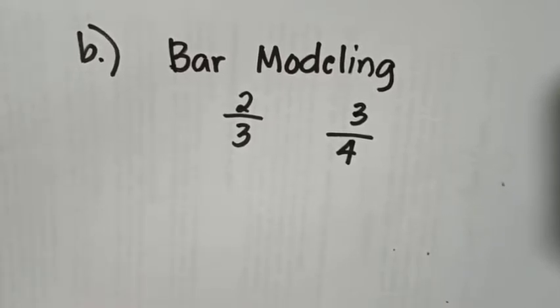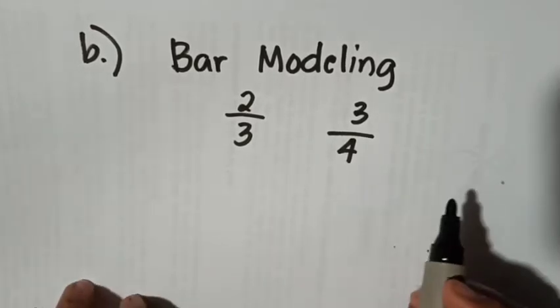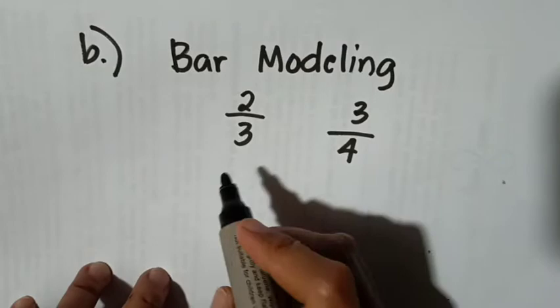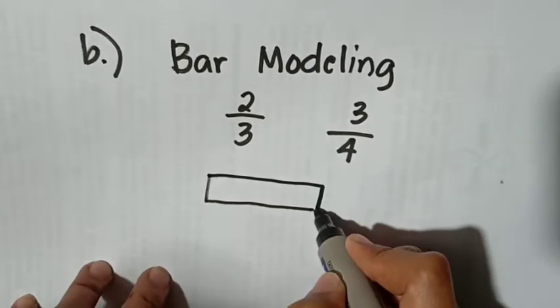Now, let's proceed to the next method, which is bar modeling. As you can see here, we have repeated the sample fractions, the 2/3 and the 3/4. Let's draw 2 bars here.